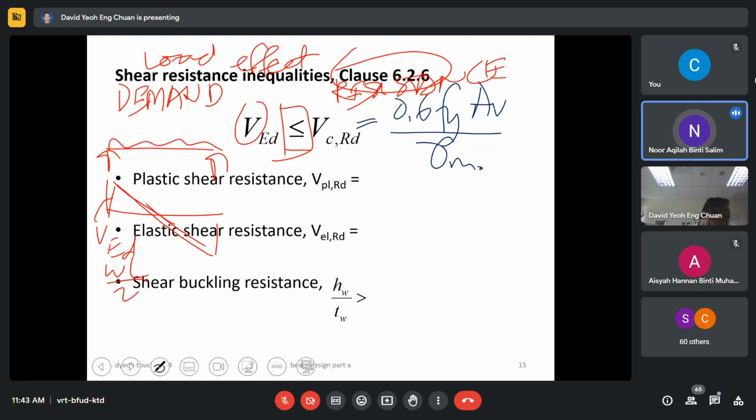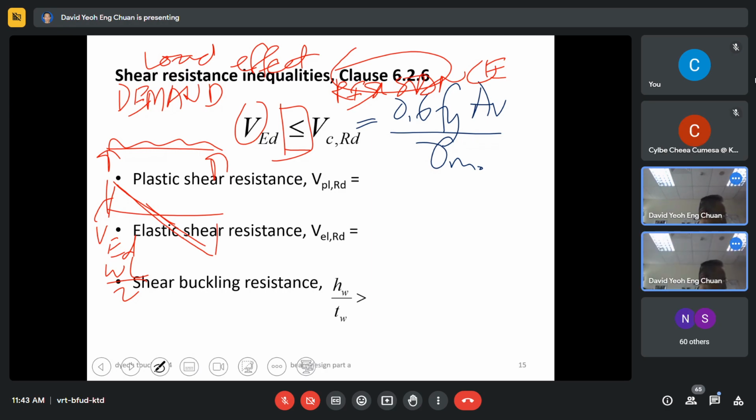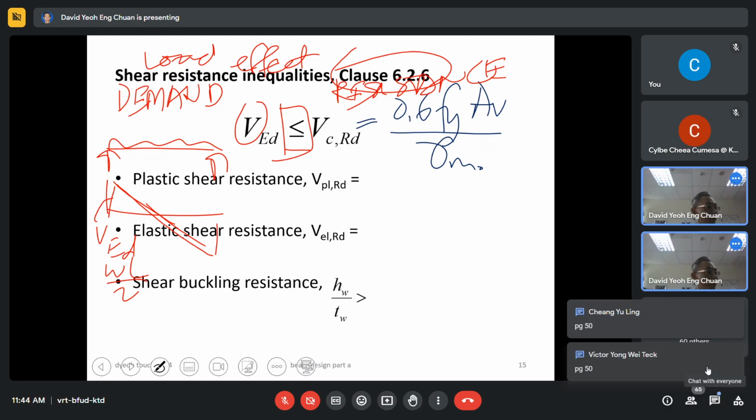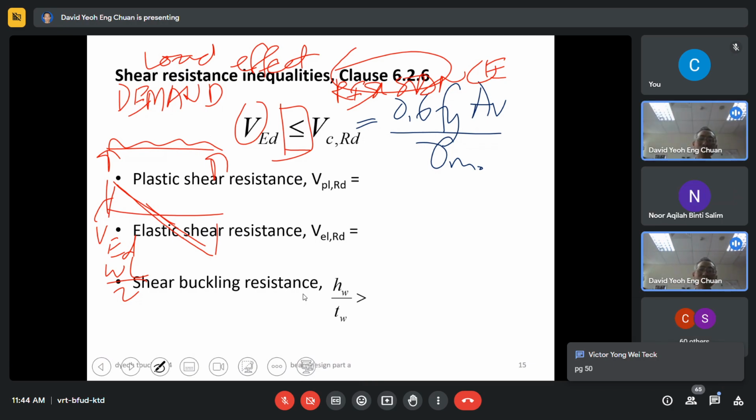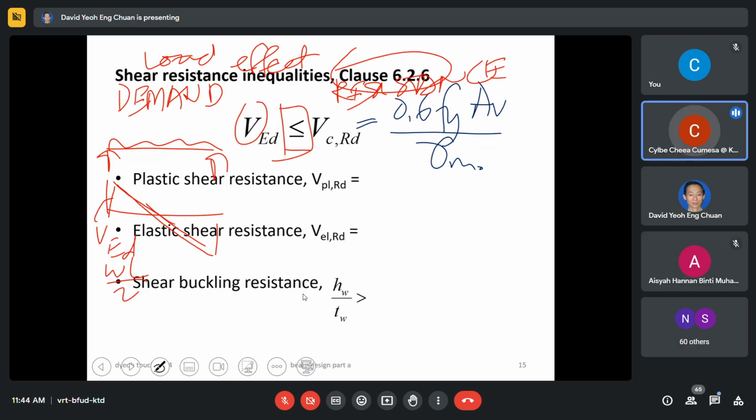Design resistance of basic components. No, the page. Page 50. Saibal, how do you pronounce your name? Sylvie, doctor. Okay, Sylvie.